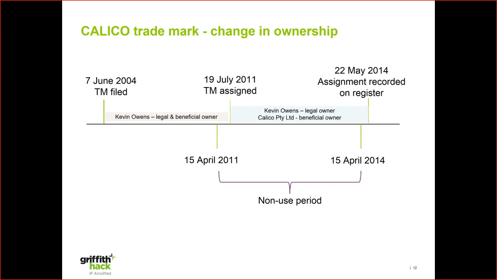And then there's a small period of time at the start of the relevant non-use period for this matter, where he was using it and it was in his name and everything was okay. Then there's a big chunk of time during the non-use period where the mark has actually been assigned to Calico Pty Ltd, but it's still been left in his name on the register. And the register was not updated until after the non-use proceedings had been filed.